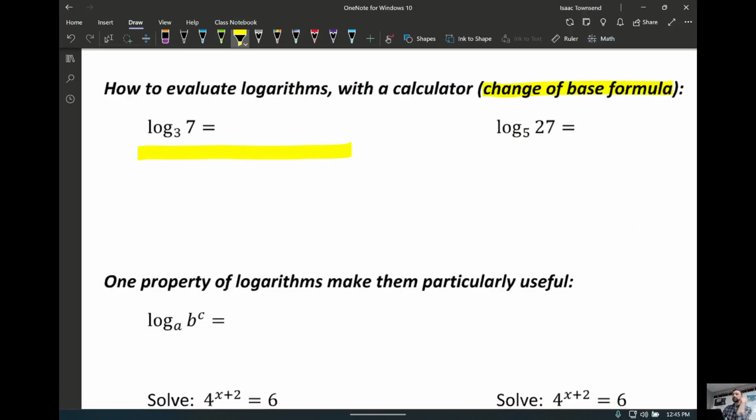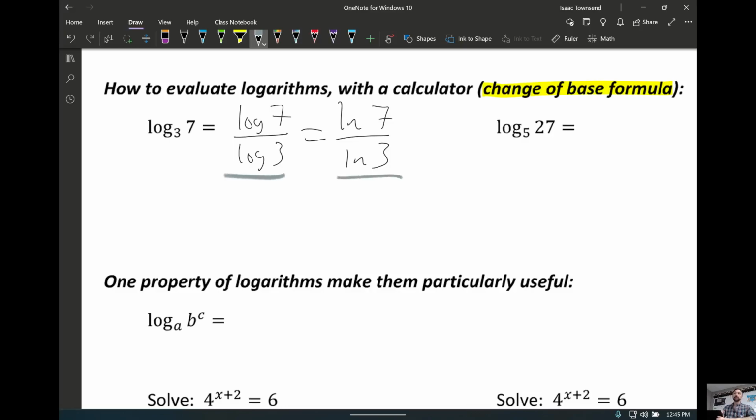So the change of base formula says that you can do log base 10 of 7 over log base 10 of 3, or you could do natural log of 7 over natural log of 3. You need to know both of these because we usually ask this as multiple choice. So you can't just know one of them.